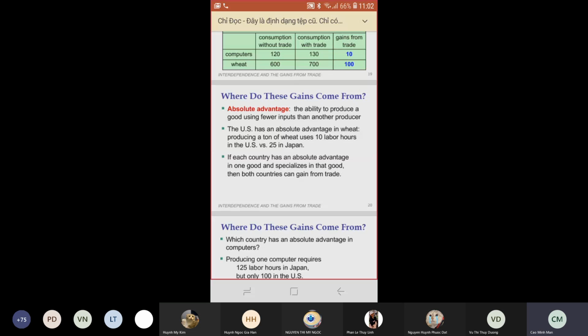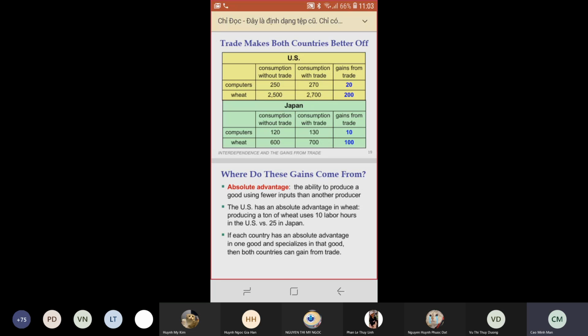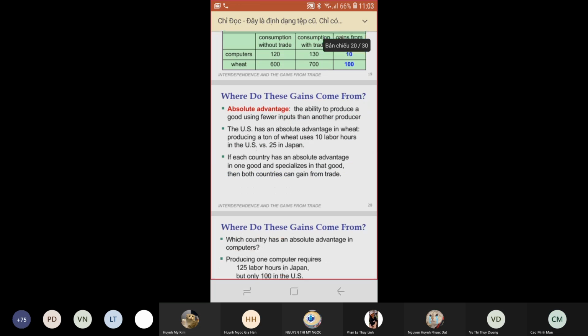I will tell you the truth. The key reason for trade is competitive advantage. That is what we will learn next. Absolute advantage is not the key.